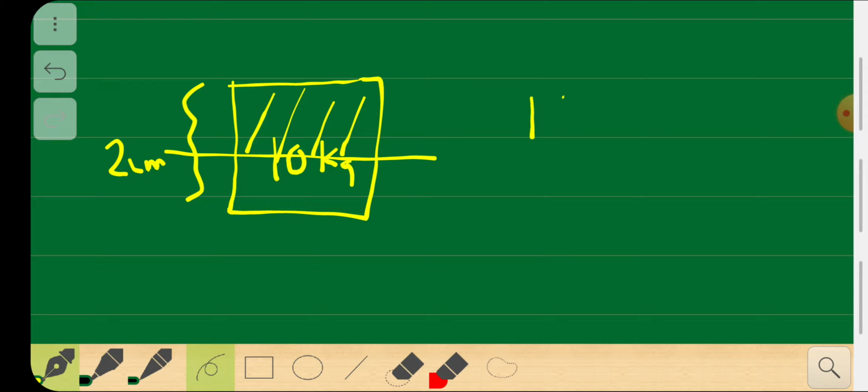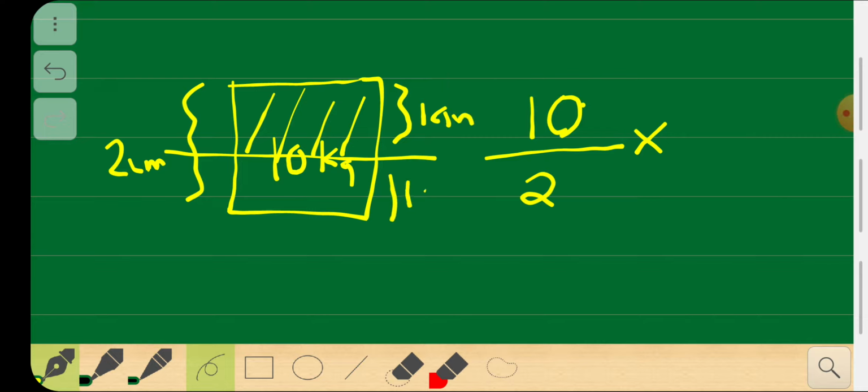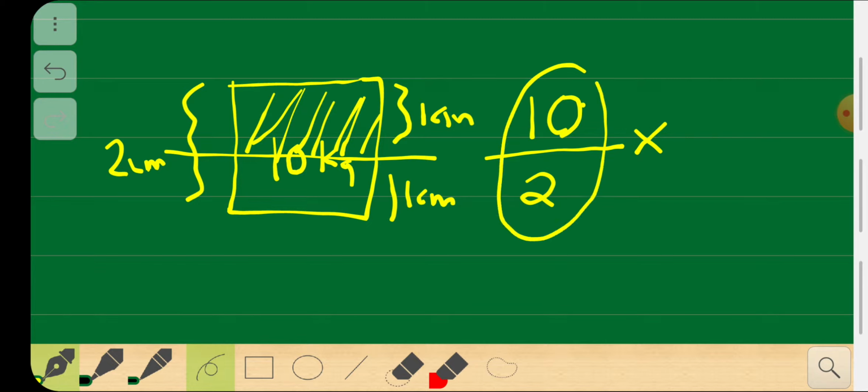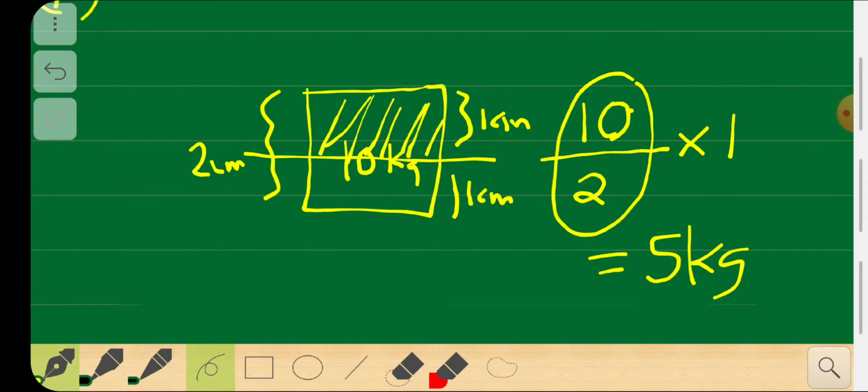It will be 10 kilograms divided by the total length, 2 centimeters, times this distance, which is 1 centimeter. So it is 10 by 2 times 1 centimeter, which is 5 kilograms, right? That's an easy way of understanding the same thing.